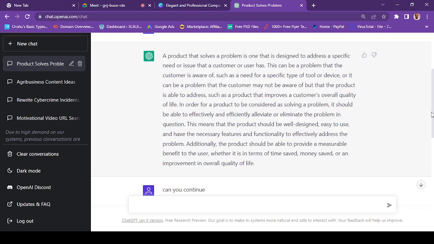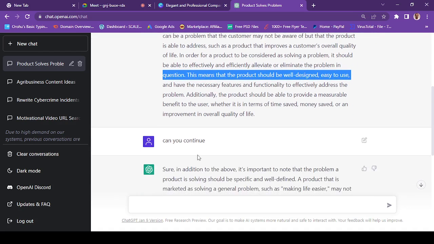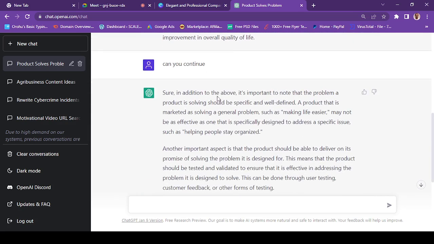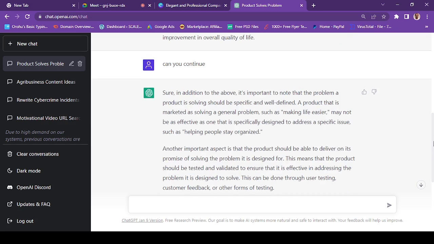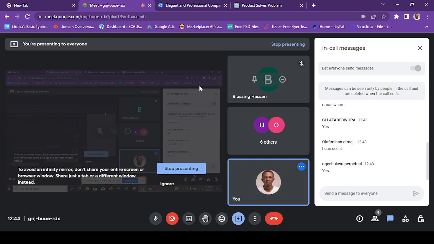I still went down and asked, can you continue? Then the AI replied, sure, in addition to the above, and started explaining. Now, I don't know if someone is getting what's happening. Someone sat somewhere and saw the need to create what solves the problem of information, so they made it available for me to access.